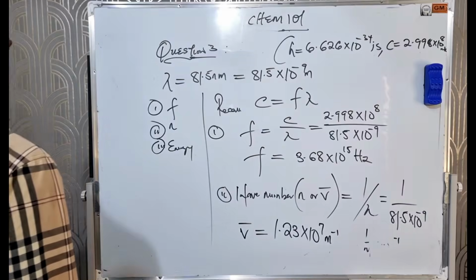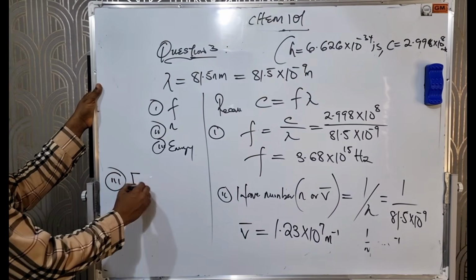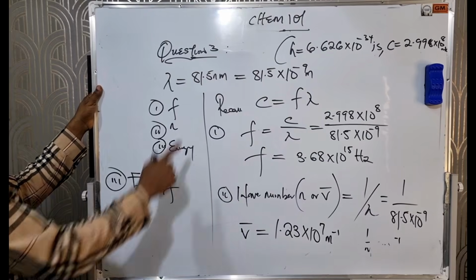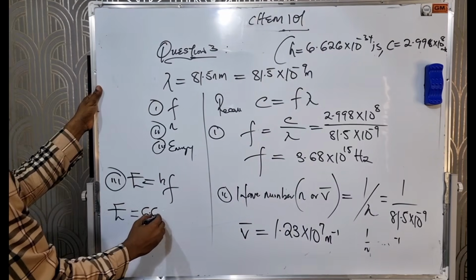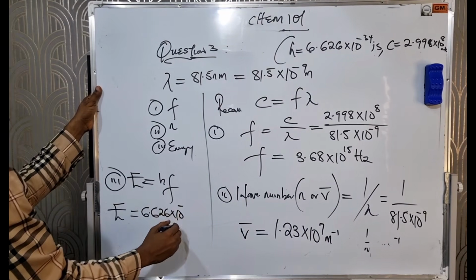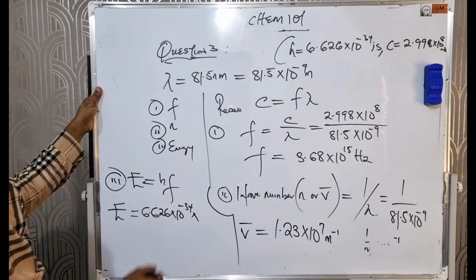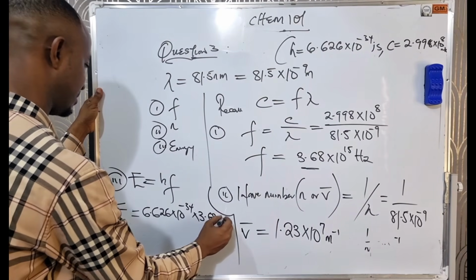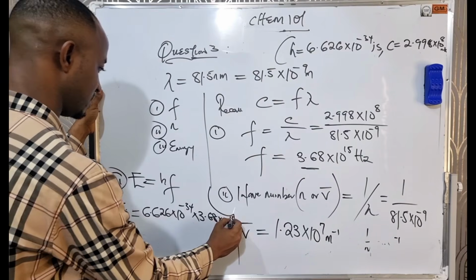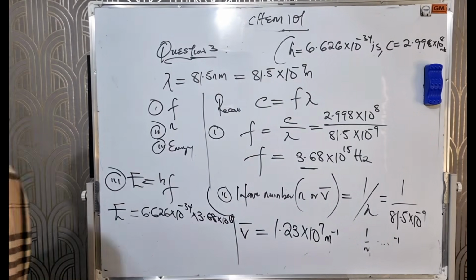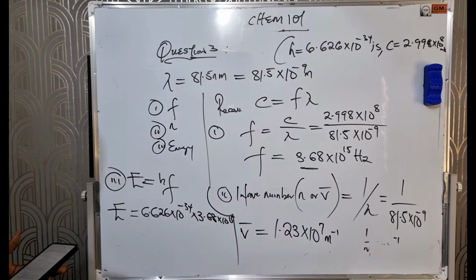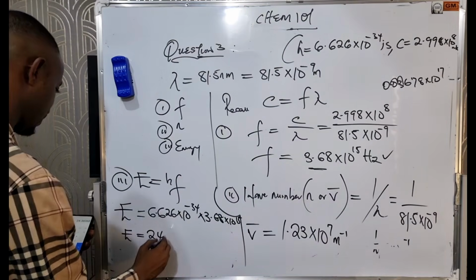Now the third one says find the energy. Energy is equal to hf. So energy becomes our Planck's constant, 6.626 times 10 to the power of minus 34, times our frequency, which is 3.68 times 10 to the power of 15. So what we do is multiply 6.626 by 3.68.